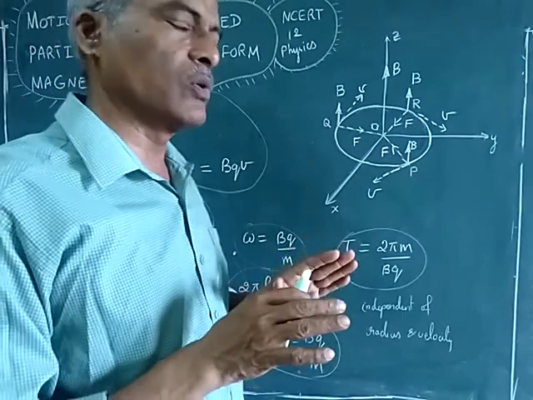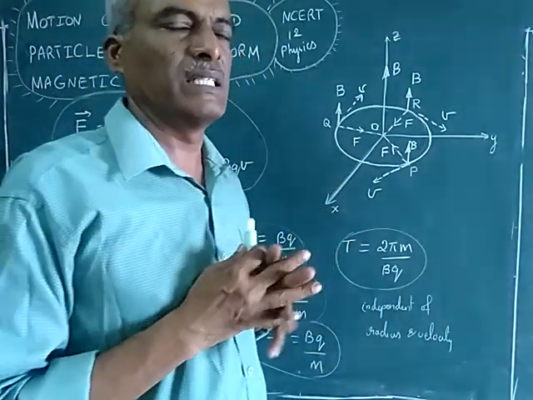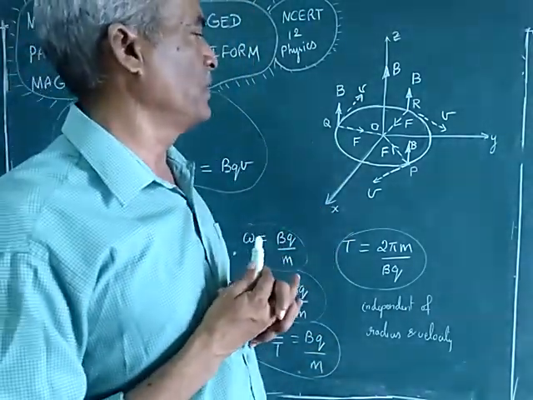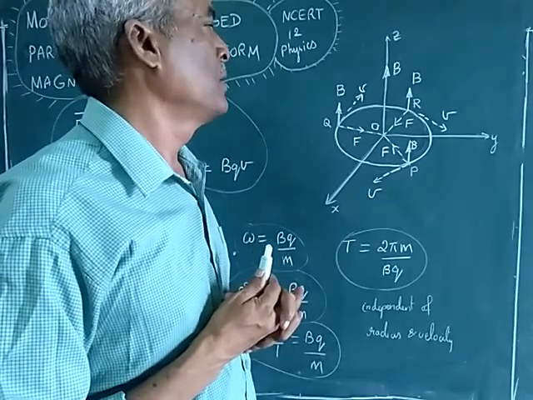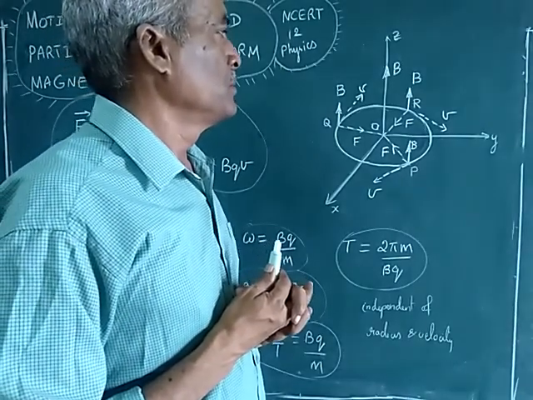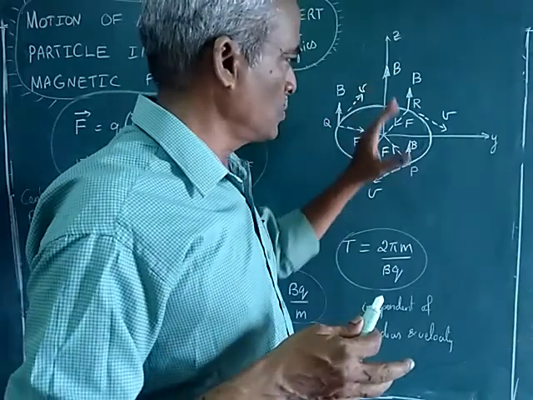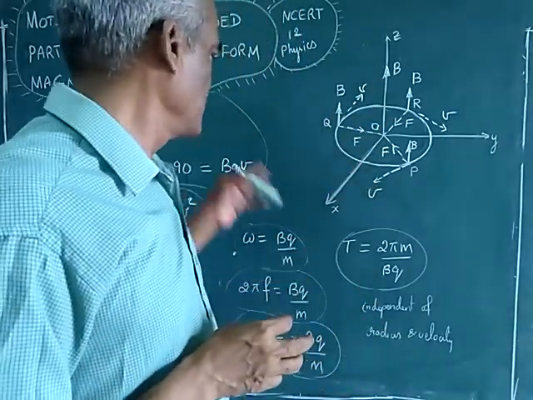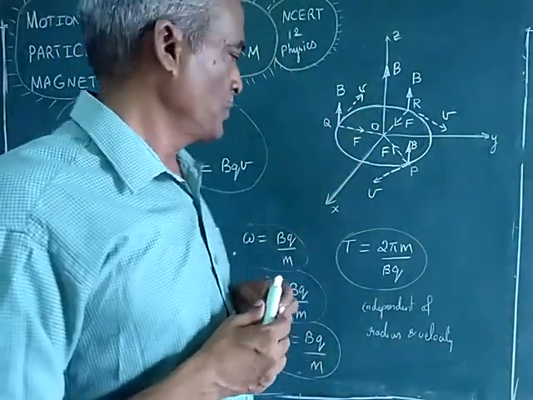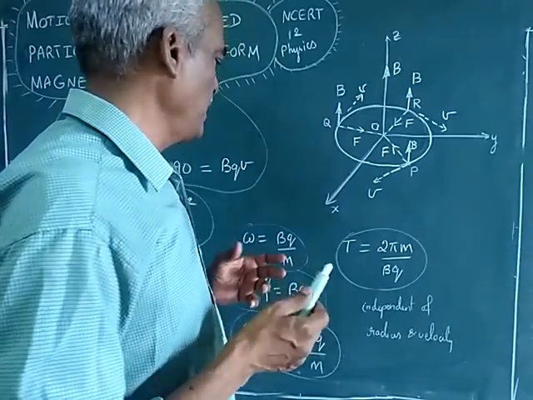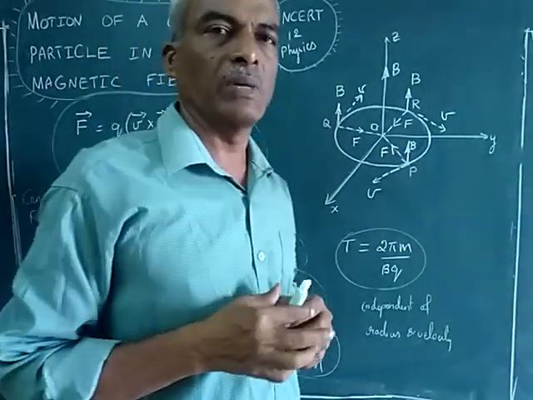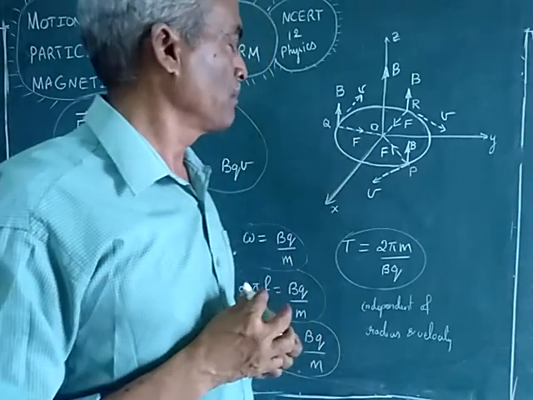And we have already said it is a uniform flux density or uniform magnetic field. So having understood this idea, we will try to find a final equation by which we can understand this principle.